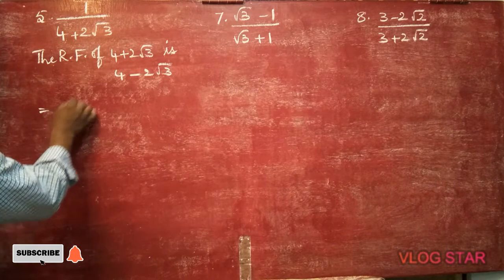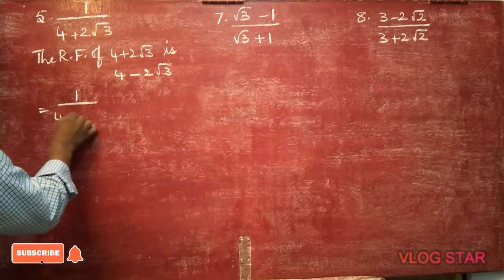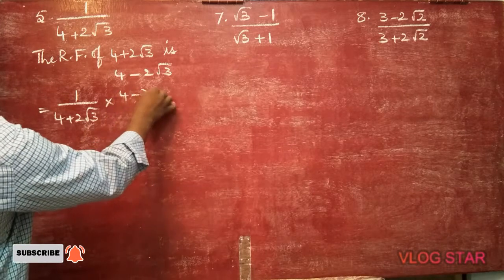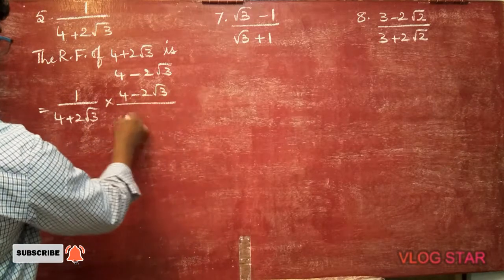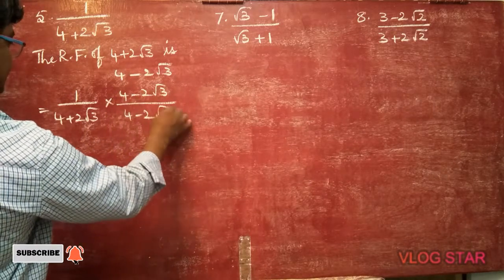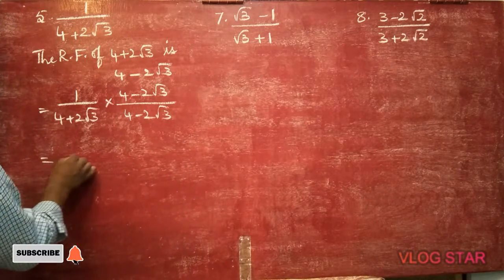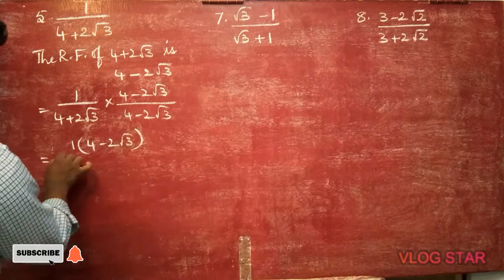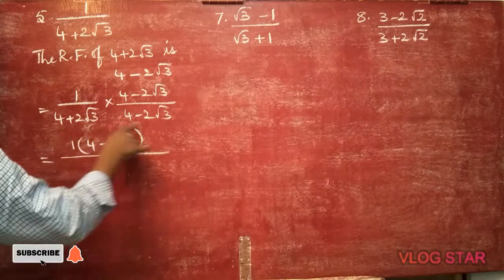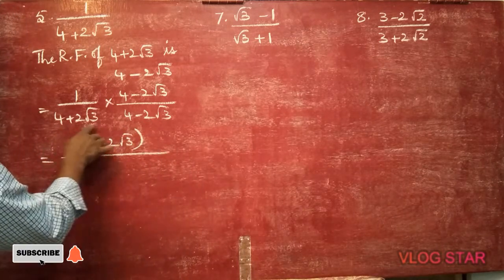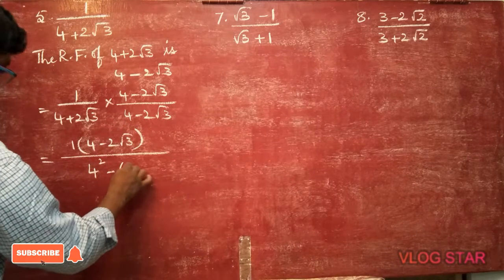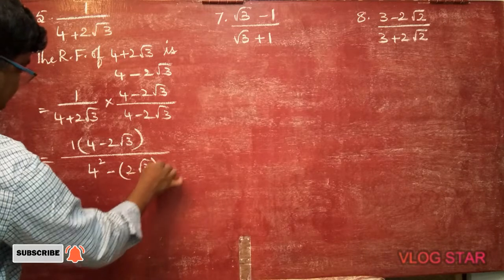So 1 by 4 plus 2 root 3 into 4 minus 2 root 3 divided by 4 minus 2 root 3. Now 1 into 4 minus 2 root 3, multiplying numerator with numerator. The denominator is in which formula? a plus b into a minus b, so a square minus b square.